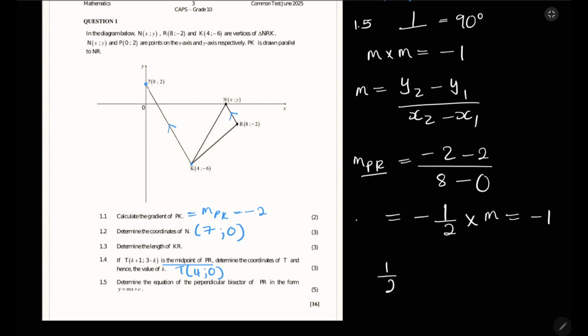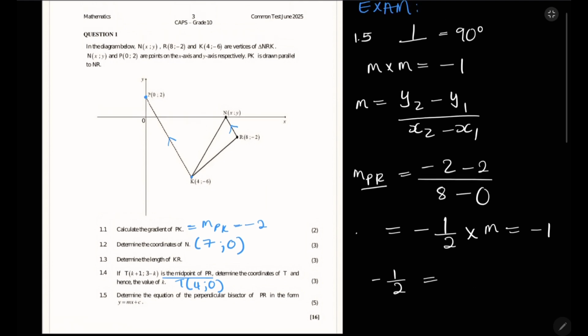For example, if it's 1/2 it'll have to be -2/1, which is basically -2. So in this case, we already have -1/2. Our answer will be positive 2, because you have a negative here, it should be positive. Then this 2 goes to your numerator, so it'll be 2/1, which is basically 2.